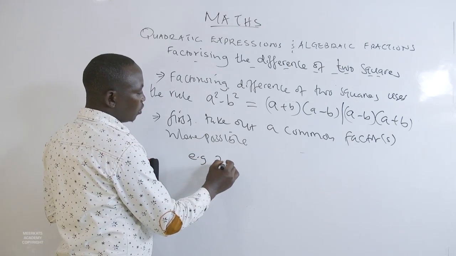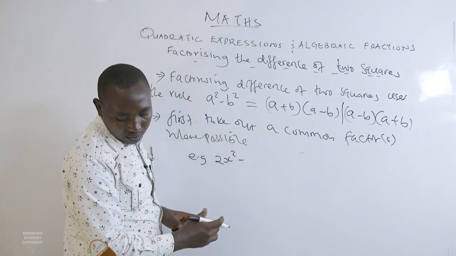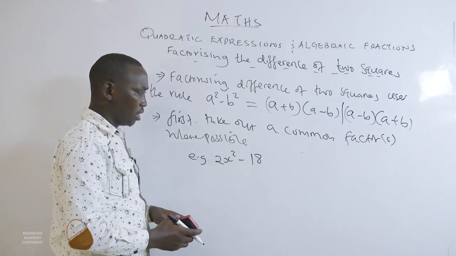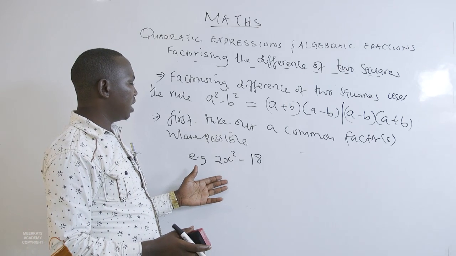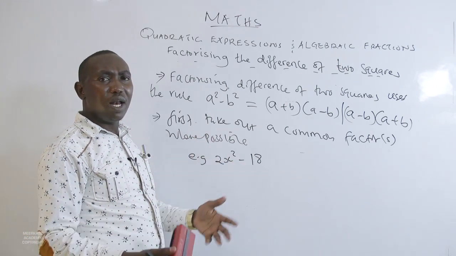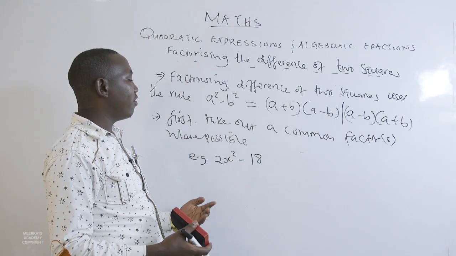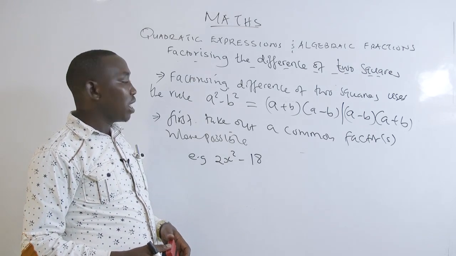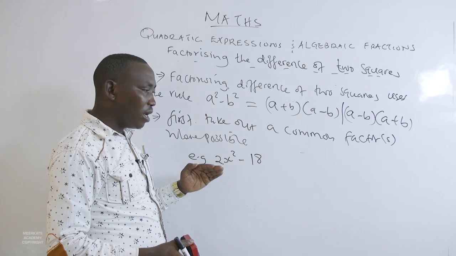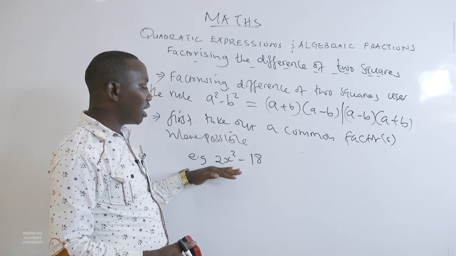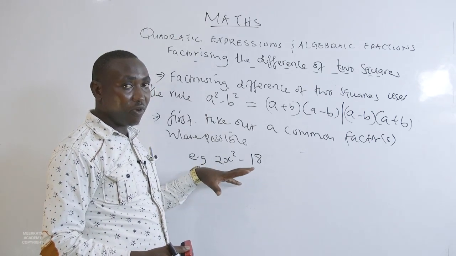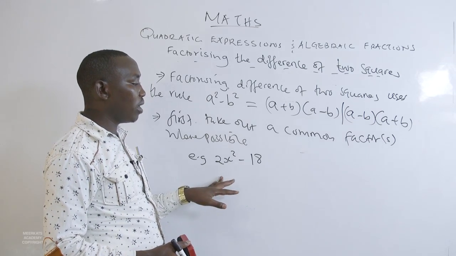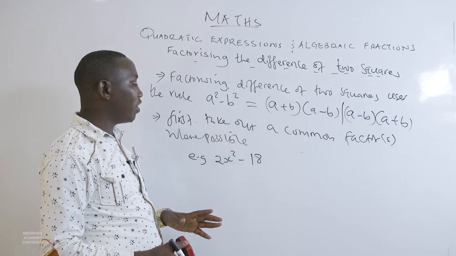if you have 2x squared subtract 18, knowledge tells you that if you keep struggling to keep looking for the factors of this, then you are not going to get it. But if you are keen enough, you'll be able to discover that there is a highest common factor between these two terms, 2x squared and 18, and that common factor is 2.